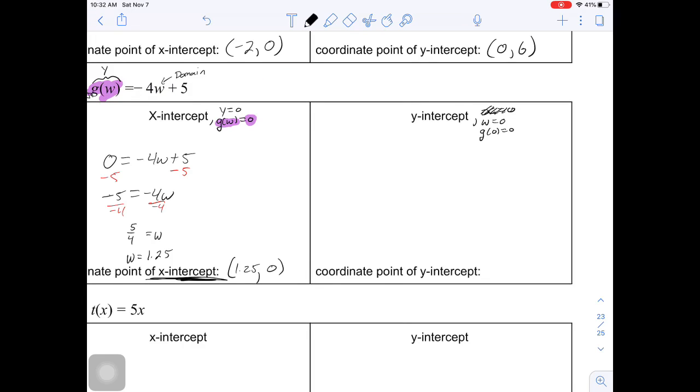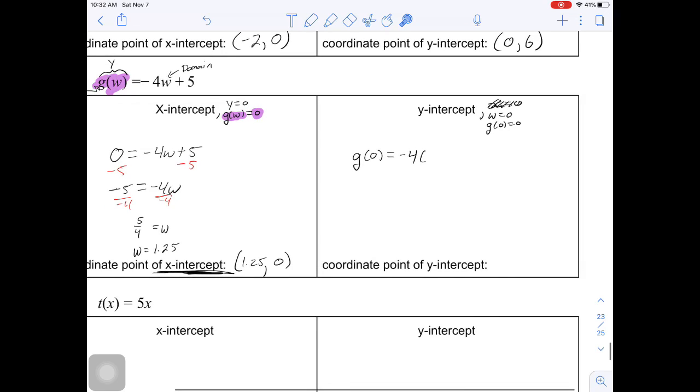So here, I'm going to get g at 0 equals -4 times, and now I'm going to replace w with 0, okay? So this will be -4 times 0 plus 5. And now I'm solving. -4 times 0 is 0.